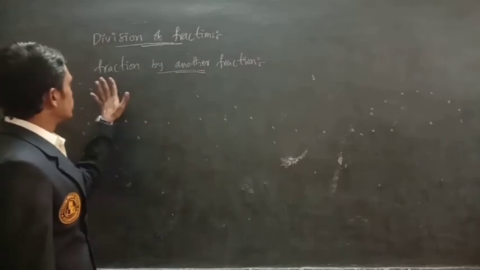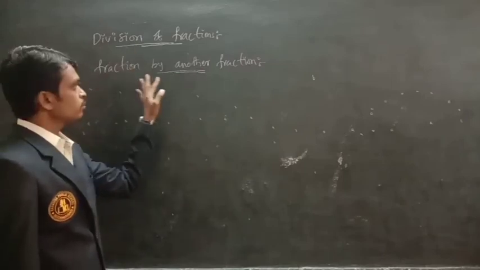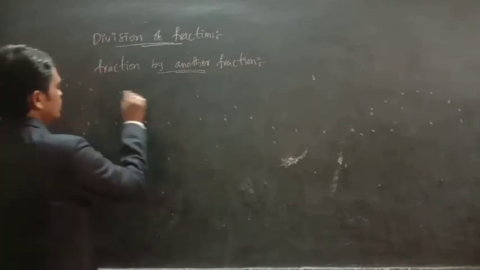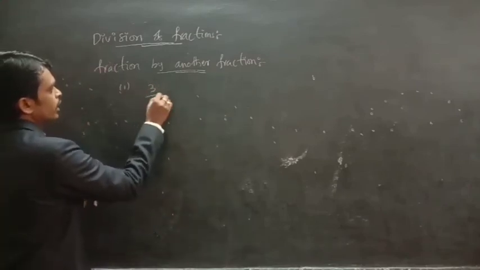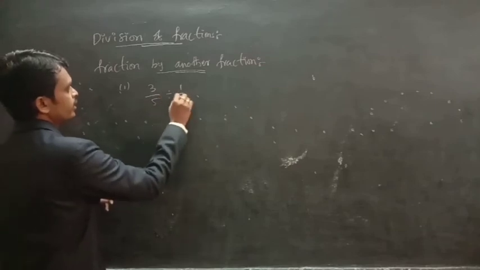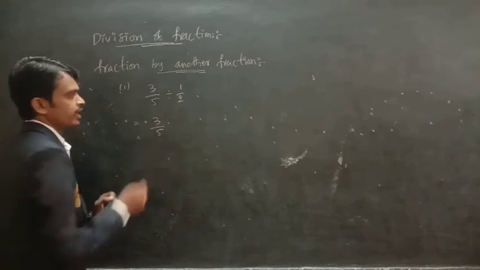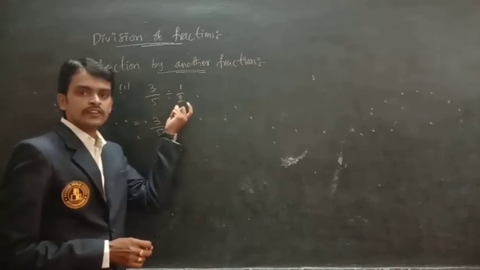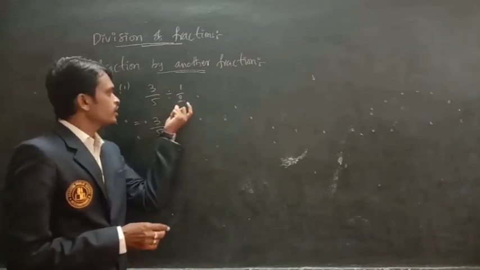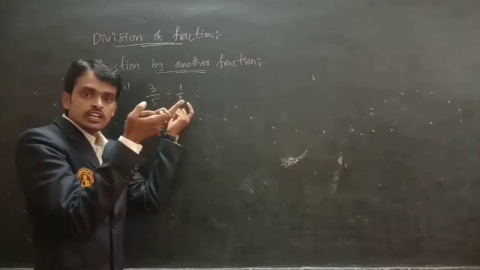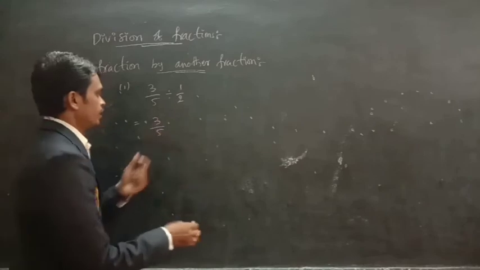Next, we are dividing a fraction by another fraction. So here, 3 by 5 divided by 1 by 2. The reciprocal of 1 by 2 is 2 by 1.